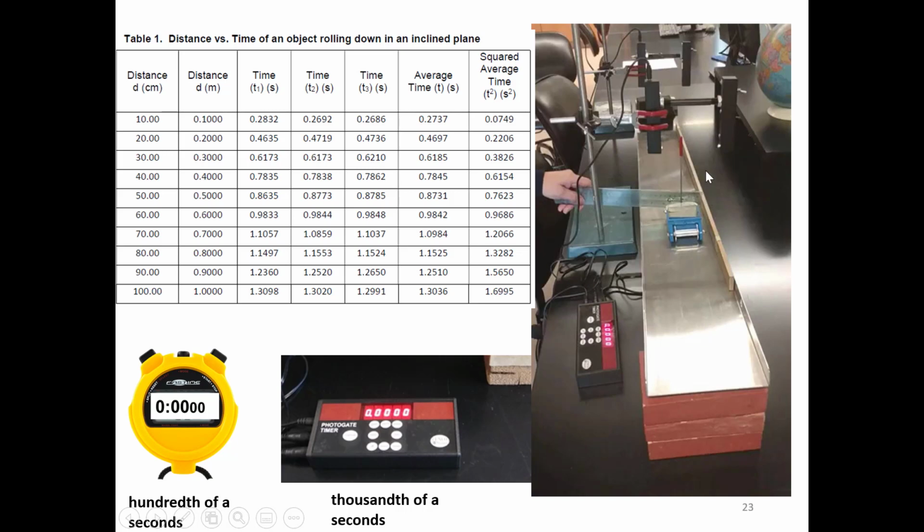Then this is one thing, we eliminate the reaction time problem when we use sensors. But the other thing you can see here is, in this case, we can measure at 2,000th of a second. We can measure 1, 2, 3, 4 decimal places instead of just 2 as we are measuring in the case of the stopwatch.